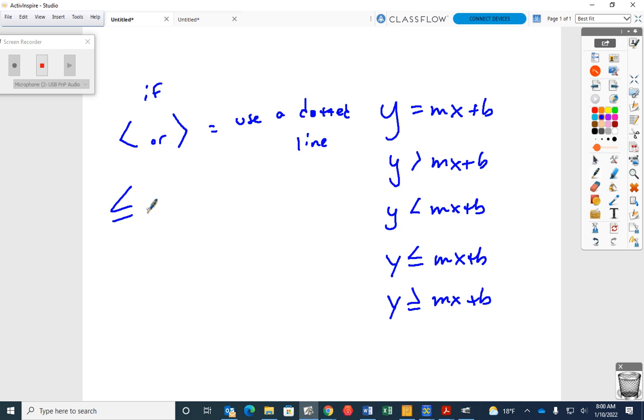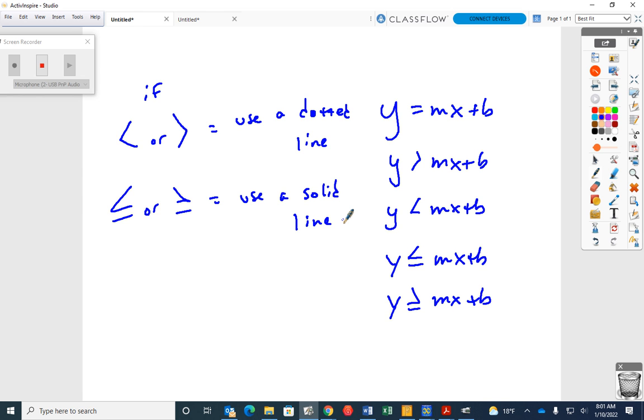If it is this or this, that means we're going to use a solid line. Now I'll explain more about what that means in just a second.